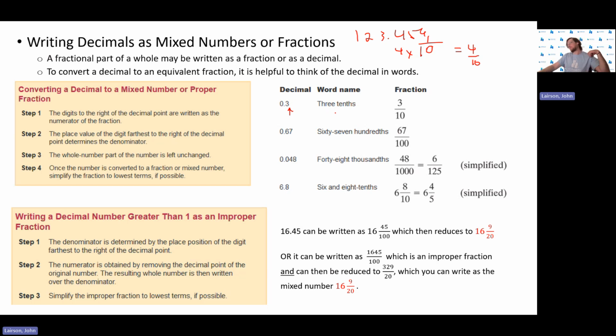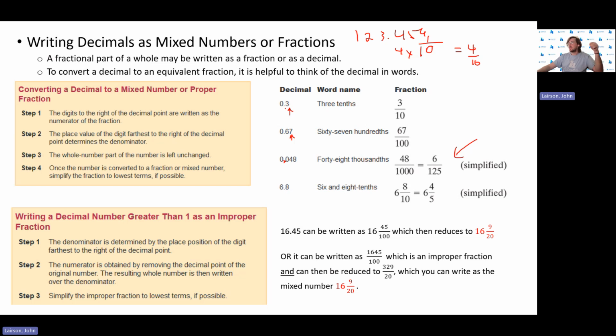So 3/10, because this is the 10th place. 0.67, ignore the decimal: 67/100, because this is the hundredths place. 0.048, ignore the decimal and the 2 zeros: 48/1,000, because this is the thousandths place. We should make sure we're simplifying, but what's important is first being able to get it over to the fraction. So the names are very good. They tell you exactly what number to put it over.